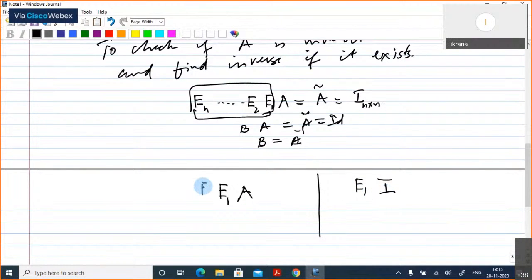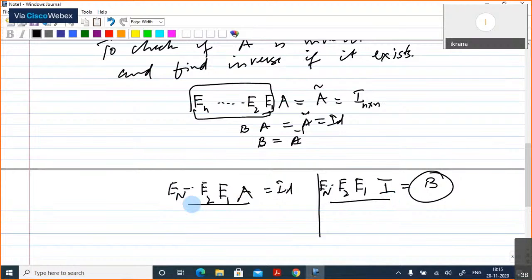I am doing E2 here, then I will do E2 there, and so on, up to En, so that this becomes the reduced row equivalent form, that is identity, and the other side will become some matrix B. So that is precisely what we are saying: this matrix B is obtained from the identity matrix by applying to it the same elementary row operations that you are applying on A.